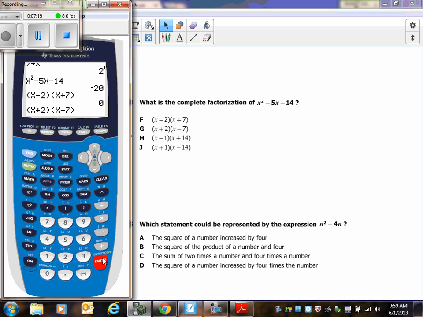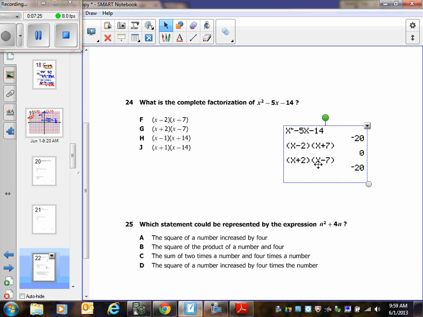Okay, is this going to give us negative 20? Yay, it matches. So that means that my answer is choice G, because when I typed in the original, I got negative 20, and when I typed in choice G, I got that same value of negative 20. So G is our final answer.